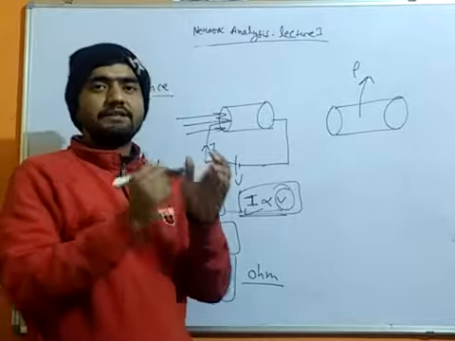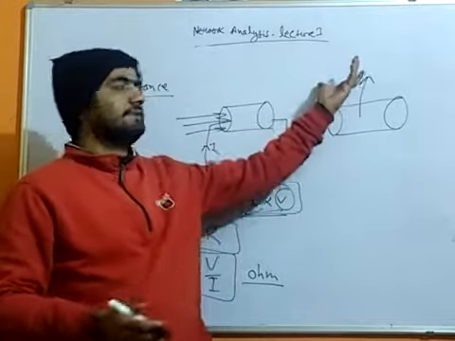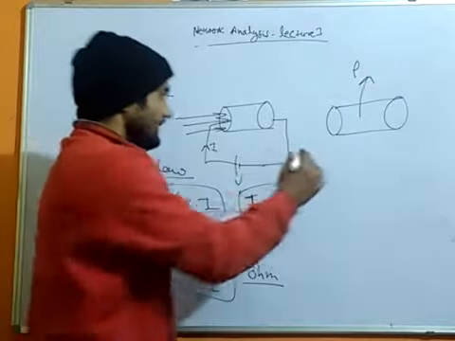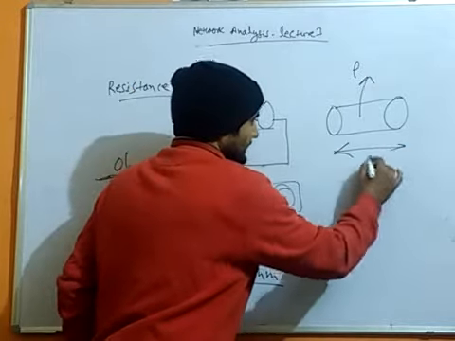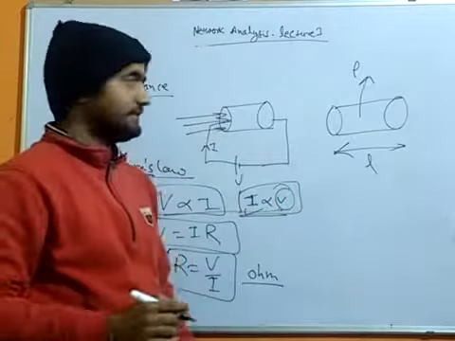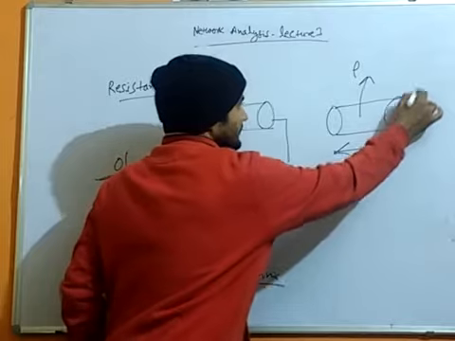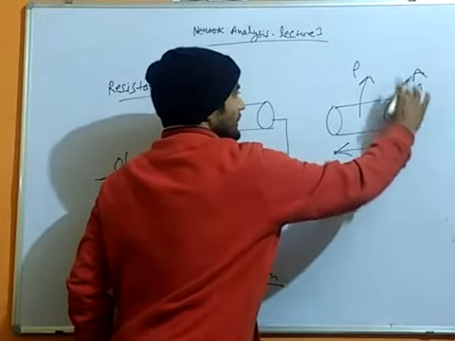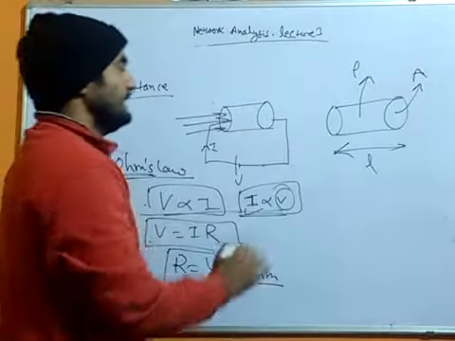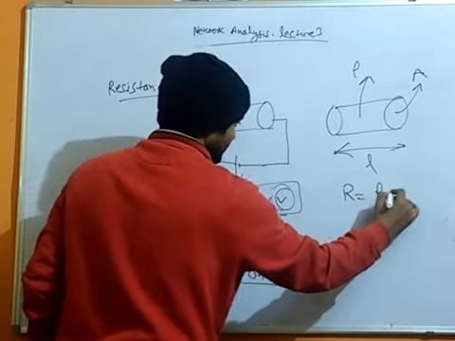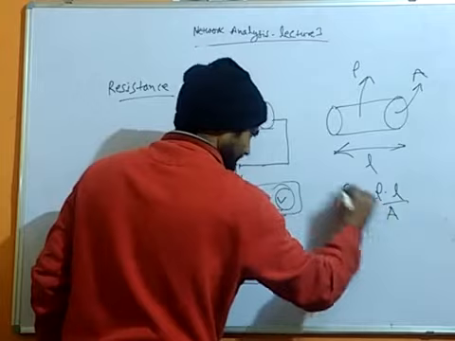So it is material dependent. Now if there is a cylindrical conductor of length L and cross-sectional area A, then the resistance defined for this element will be R equals rho into L by A.